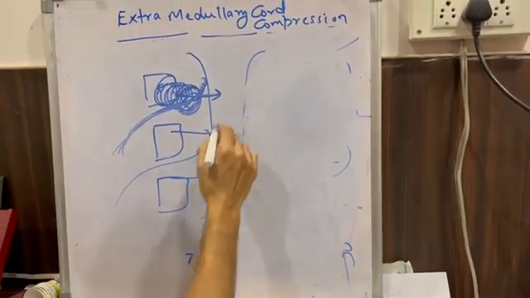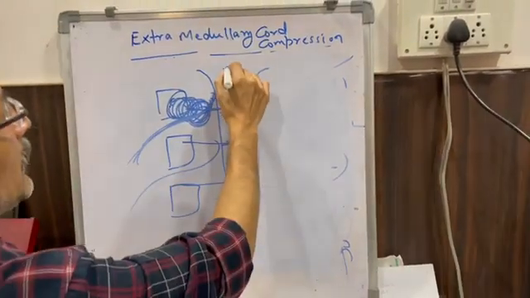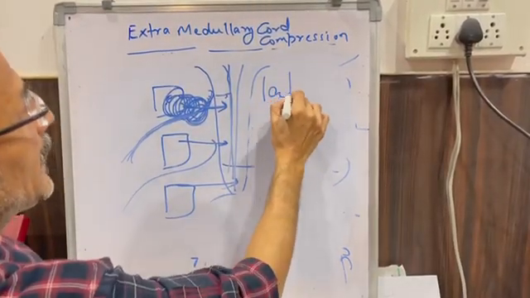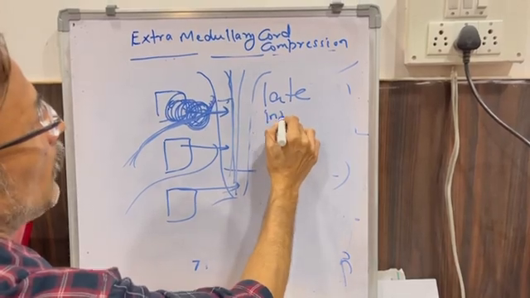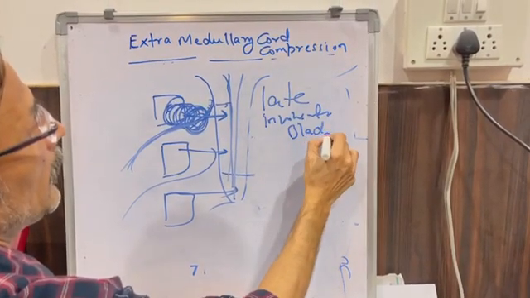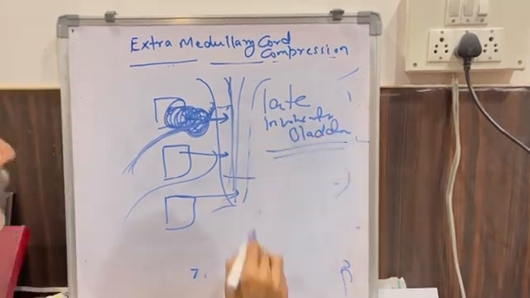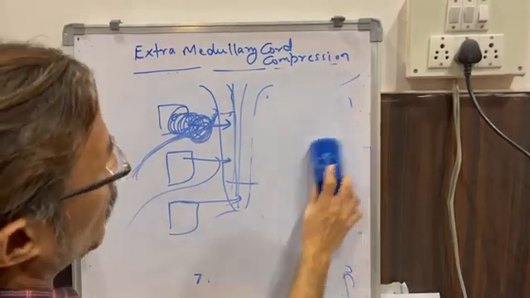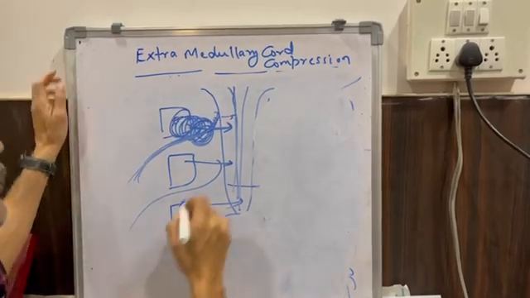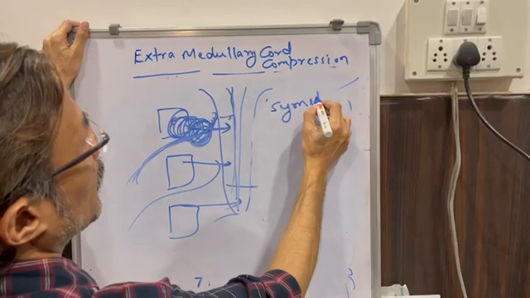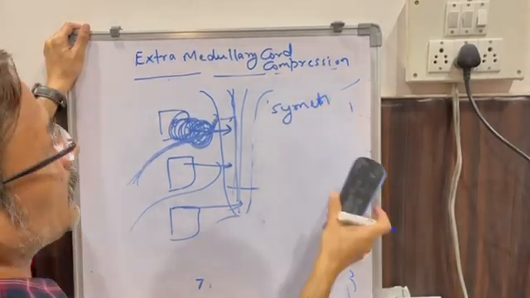Now lastly, what about the bladder fibers? In the spinal cord, the bladder fibers are more medially situated. So late involvement of bladder. More or less, sometimes in extramedullary extradural cord compression, they are usually a symmetrical presentation.